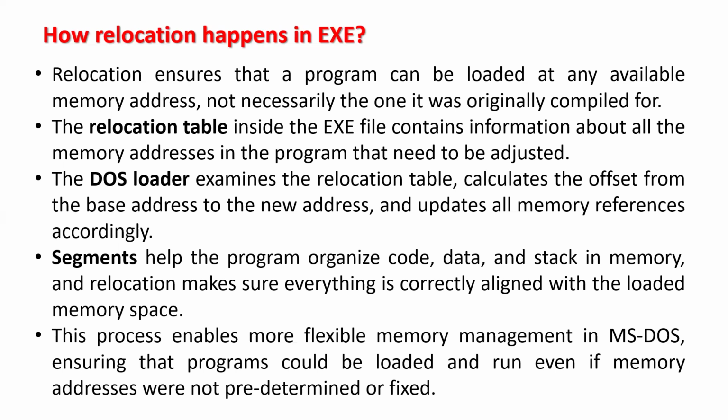For example, if program code references a specific address, say 0x1000, but the program is actually loaded at 0x2000, the loader will add the difference, 0x2000 minus 0x1000, which results in 0x1000, to every such address in the program.